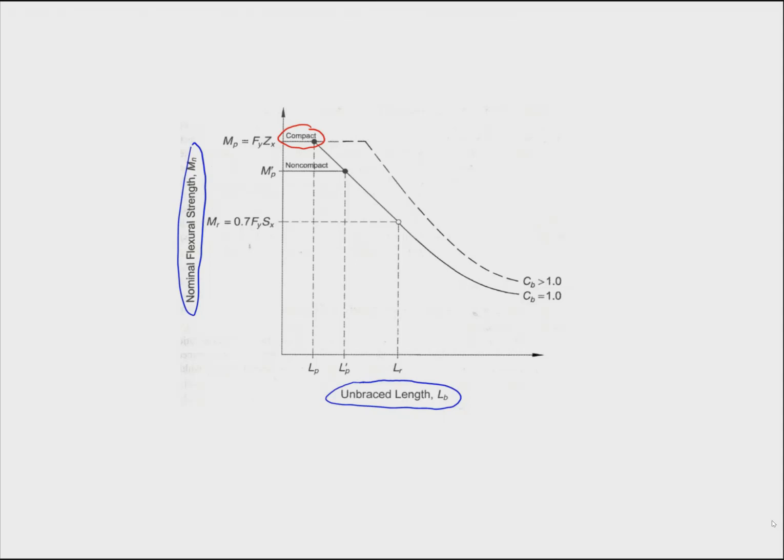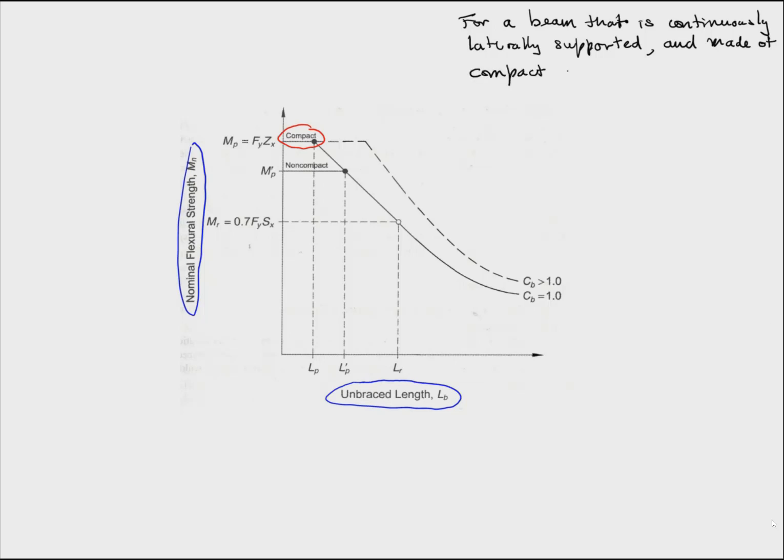So for a beam continuously laterally supported on the compression side, and made of a compact section, the nominal moment capacity equals the yield stress times the plastic section modulus, typically about the x-axis because the beam is oriented to bend about the strong axis.